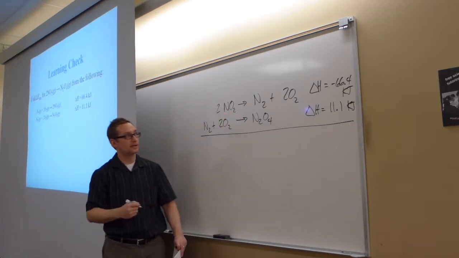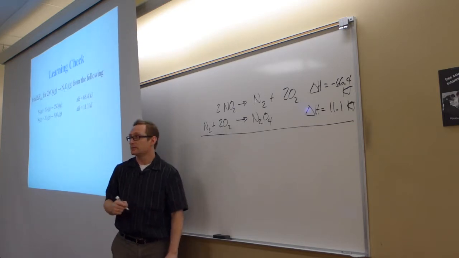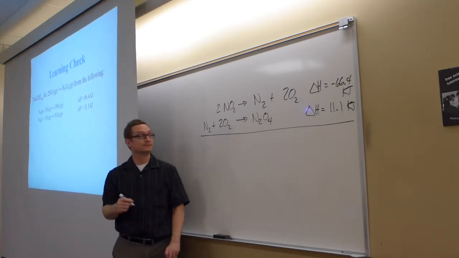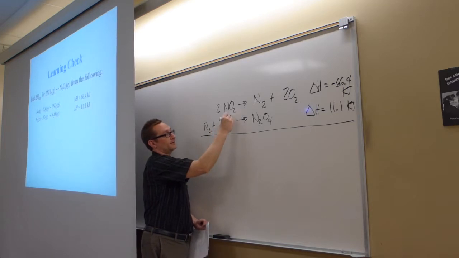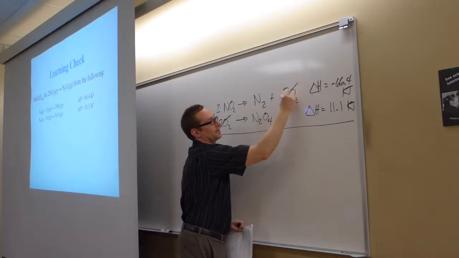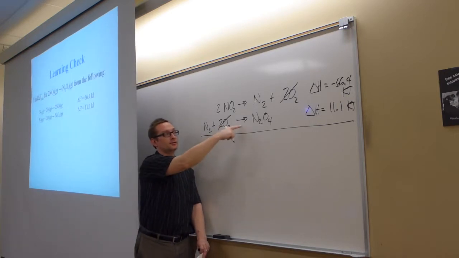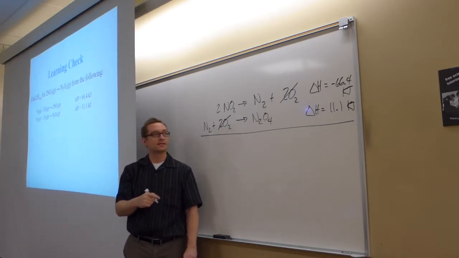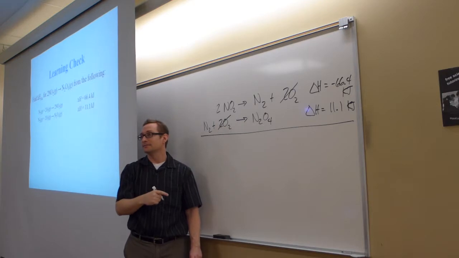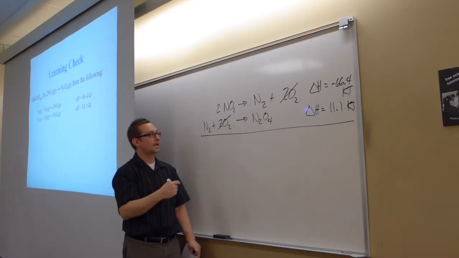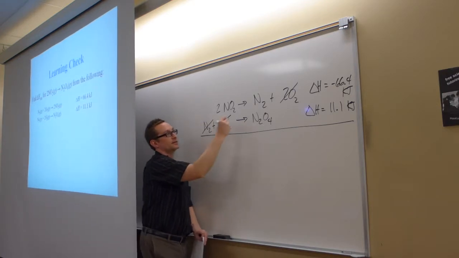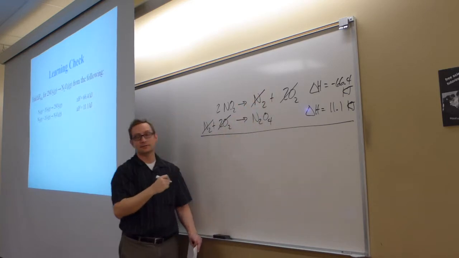So if we add these two reactions up now, we should get the reaction at the very top there. Can we cancel out these two O2s here? And the answer is yes, we can do that. Think of the arrow, we call these chemical equations for a reason, because the arrow really is an equal sign. So when we add these up, we can cancel those. We can also cancel out the nitrogen molecules.